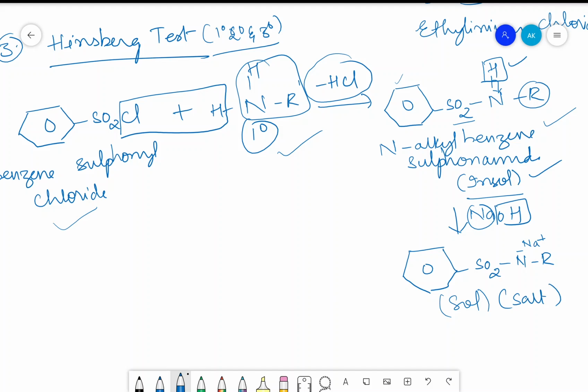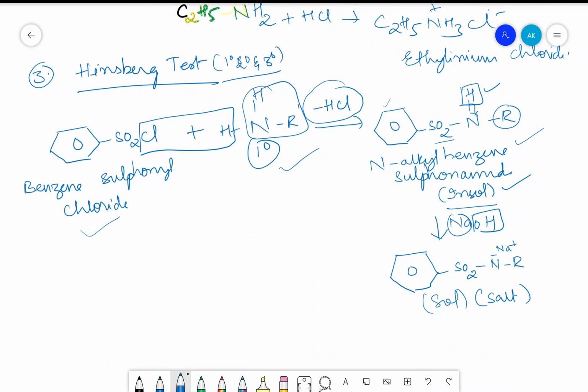So very simple steps. First step is benzene sulfonyl chloride will react with NH2R, leads to removal of HCl. This gives N-alkyl benzene sulfonamide, which is insoluble. If we have a hydrogen in this insoluble compound, it leads to the next step, that is, it is made alkaline, and this leads to formation of a salt which is soluble.